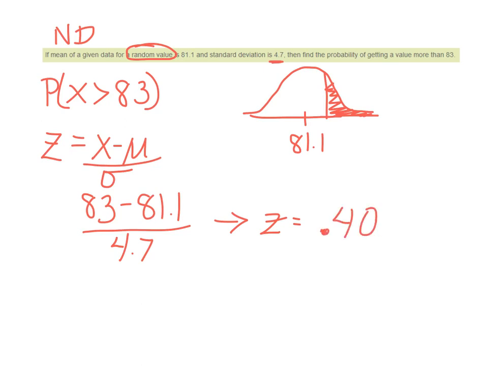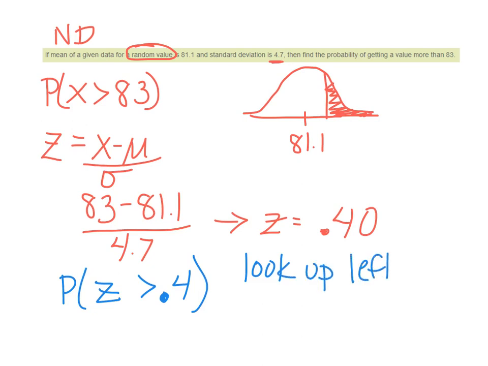Now we are asking, what is the probability that z is greater than 0.4? This is area to the right, so we can look up area to the left of negative 0.4. If you go to your z-score table and look up negative 0.4, you find 0.3446. So the probability of getting a value more than 83 is 34.46%.